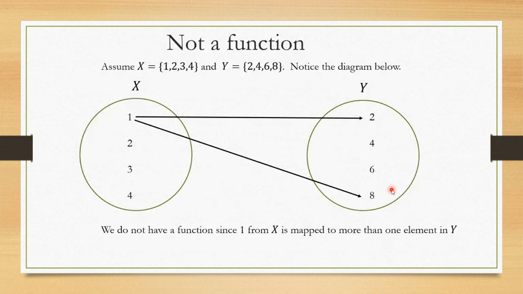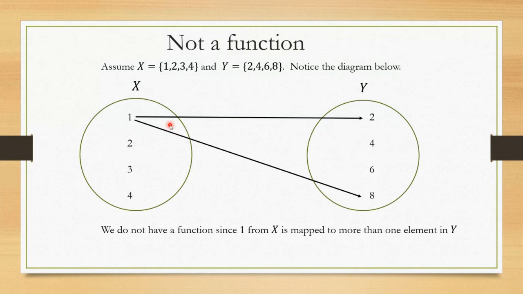Okay. Well, this is not a function here. Now, why is that? Well, notice that I didn't say what 2, 3, and 4 are going to do, but really, we can see right away this is not a function because 1 is going to 2, but 1 is also going to 8. You have something from the first set that's mapped to more than one element from the second set.